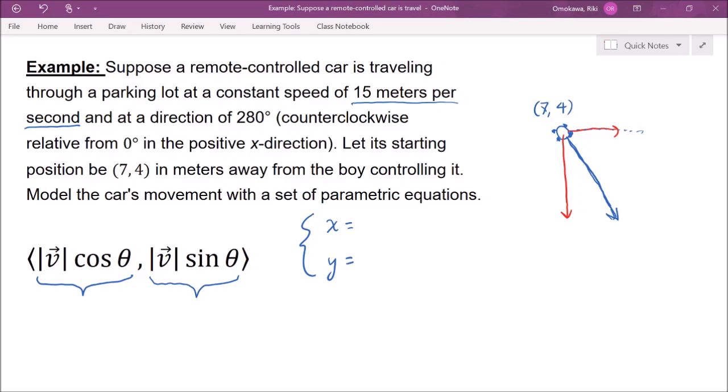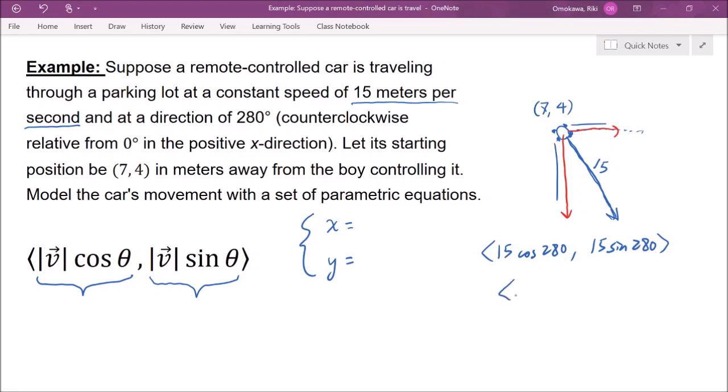So in our sketch, the magnitude is 15 meters per second. But using this formula, the horizontal and vertical components, the speed here and the speed there, are 15 cosine 280, comma 15 sine 280. Remember, this formula is super straightforward if you have the magnitude and direction.